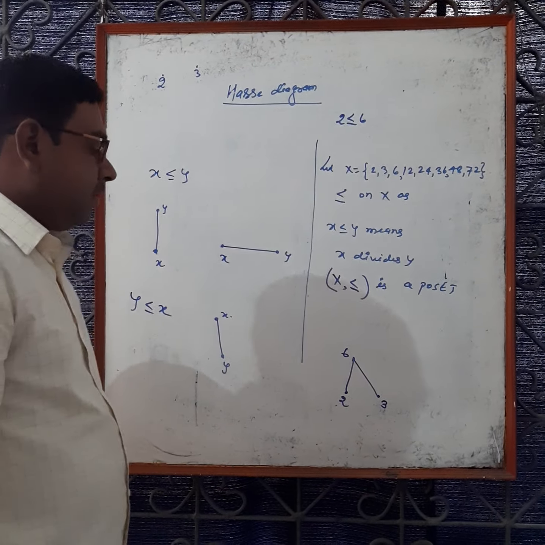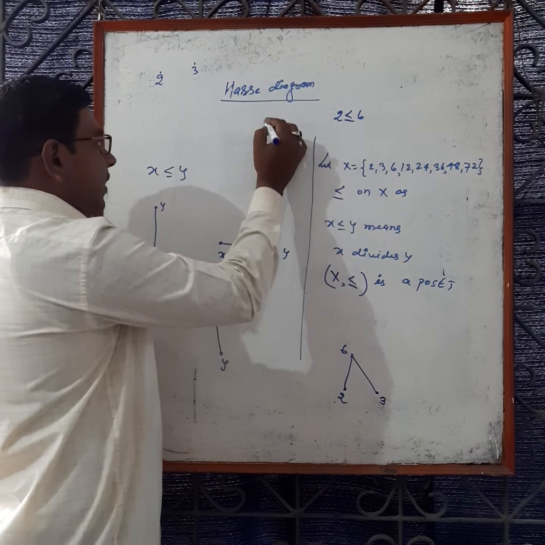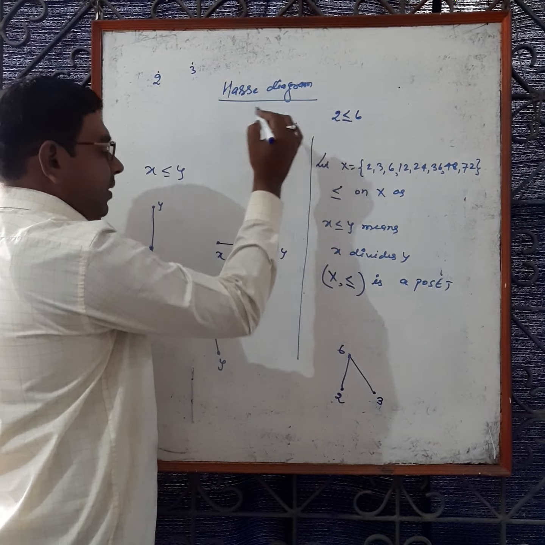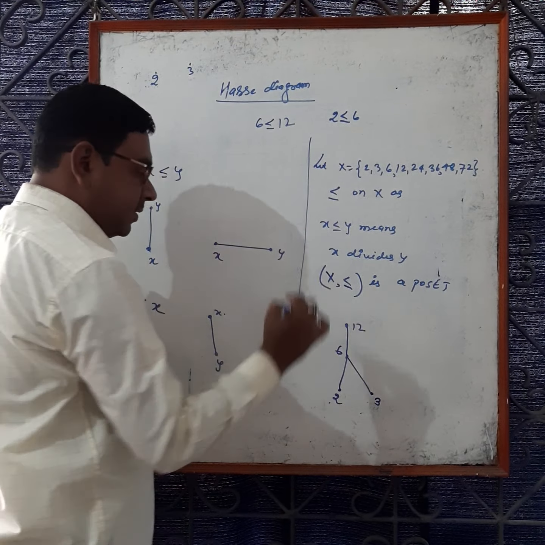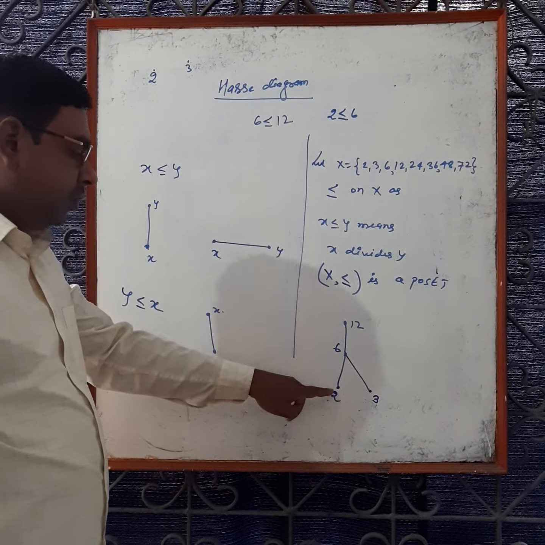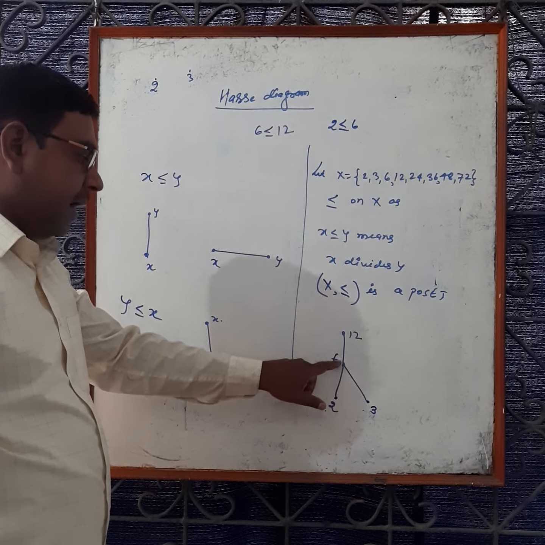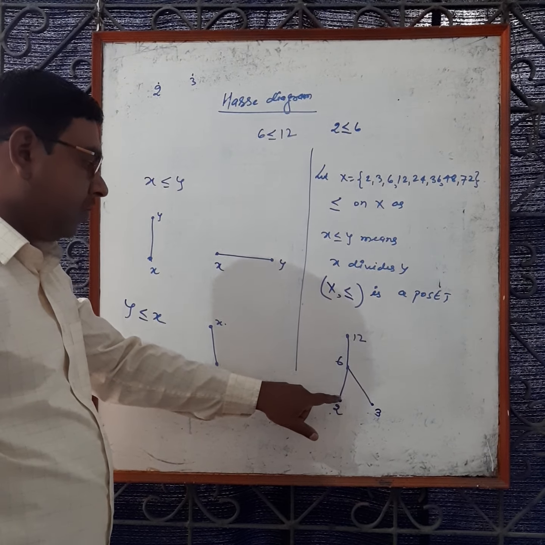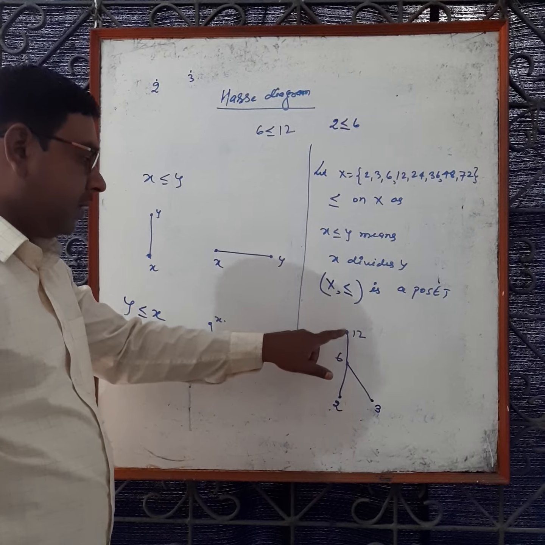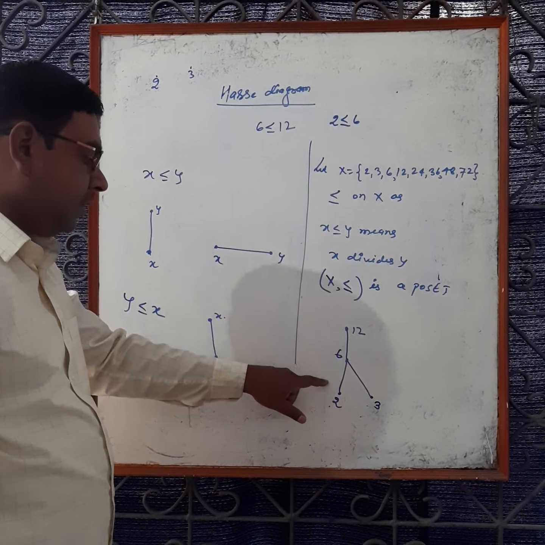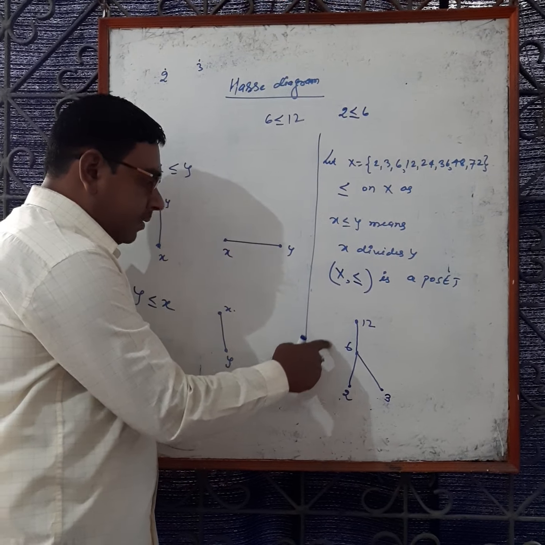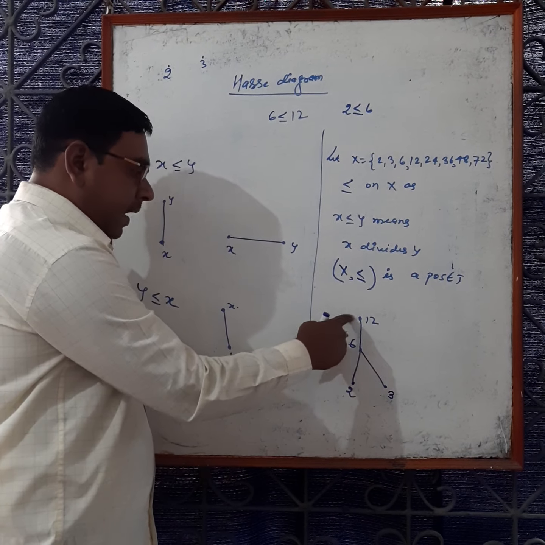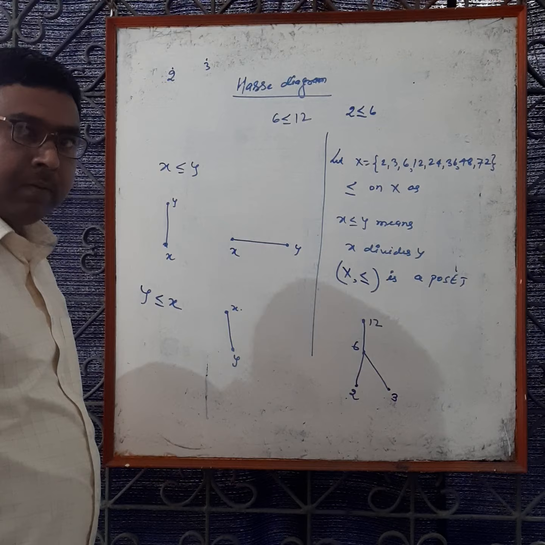Next element is 12. We see here 6 divides 12. Means 12 is above 6. 2 divides 6, 6 divides 12, therefore 2 also divides 12. But in the Hasse diagram we cannot draw an edge between 2 and 12.